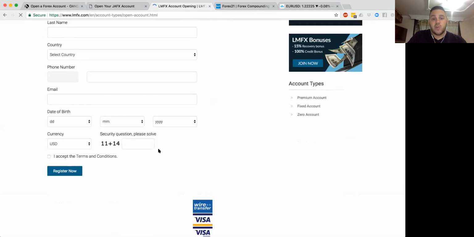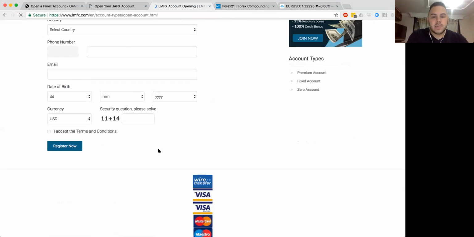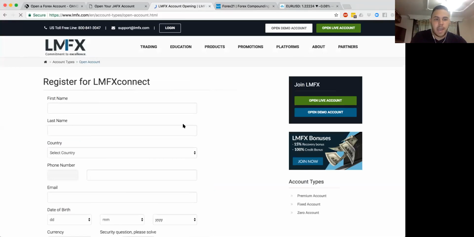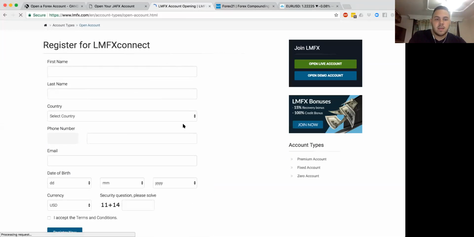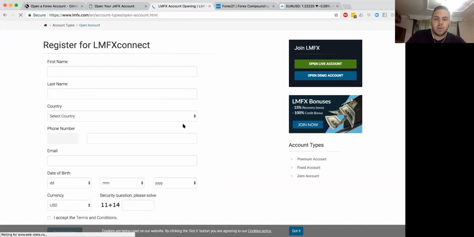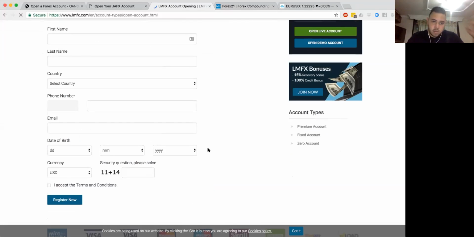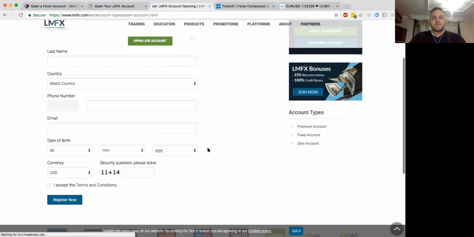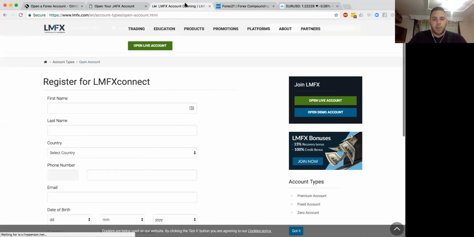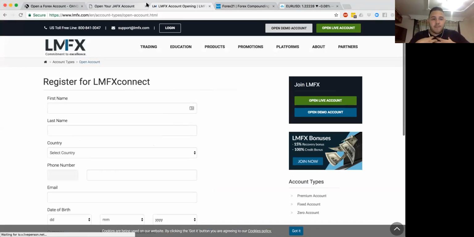So your homework is, because every single broker shows the spreads and all the information on their page, just go through their page, do a little research, and see which one you like. These 3 brokers are the ones that I've used, and they've paid me my money.